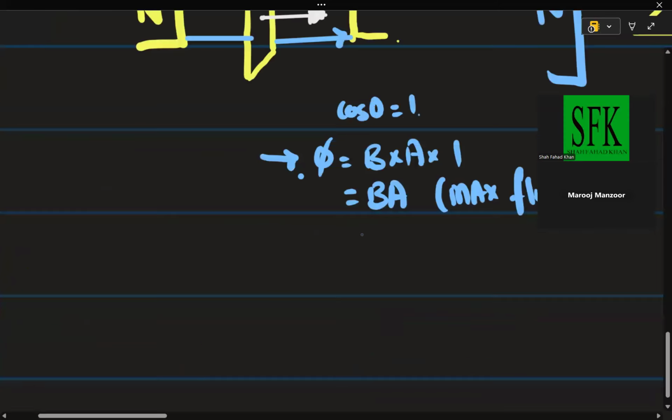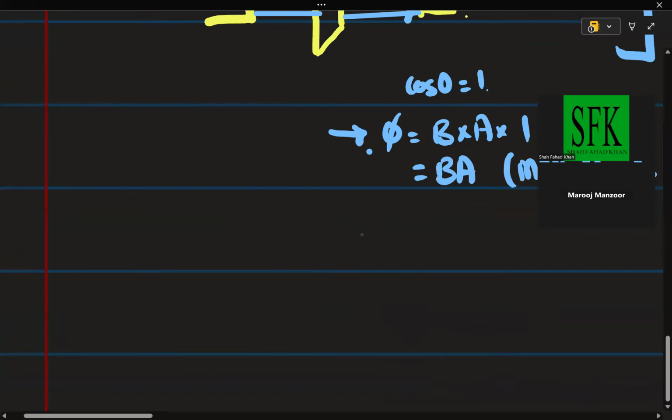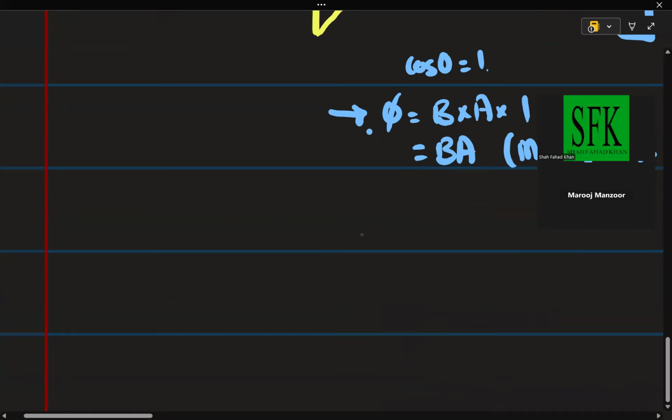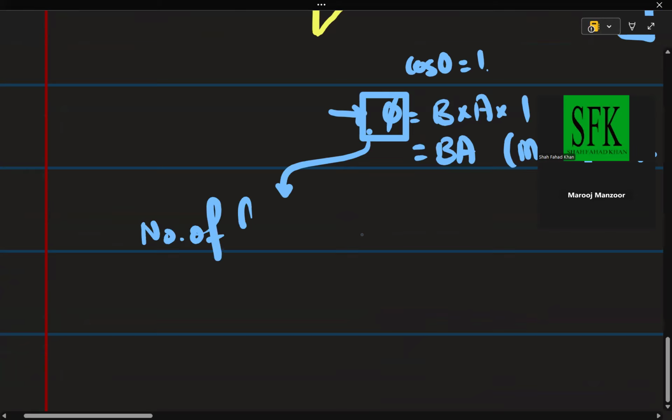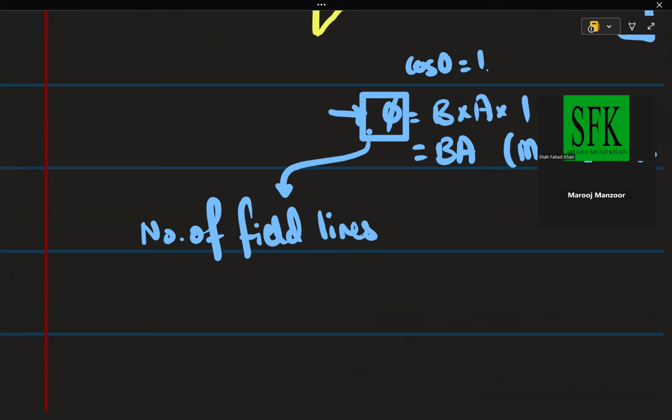This was about magnetic flux. Okay, as a meaning to flux, what does flux mean? Flux basically means the number of field lines passing a particular area.